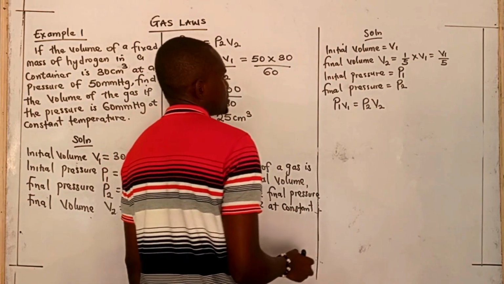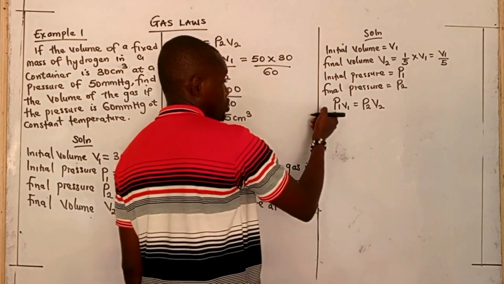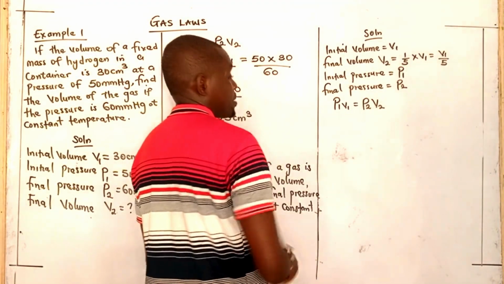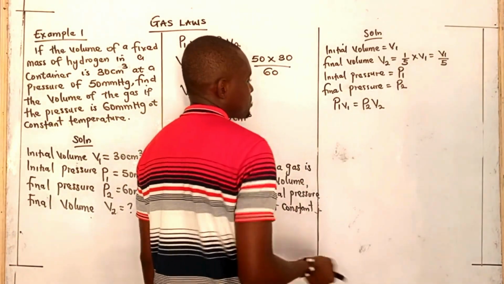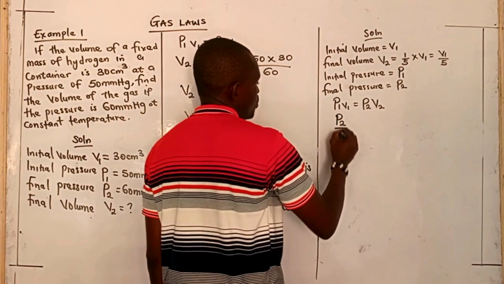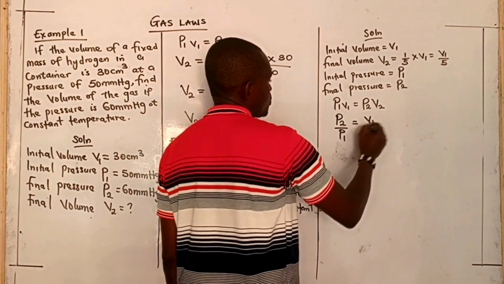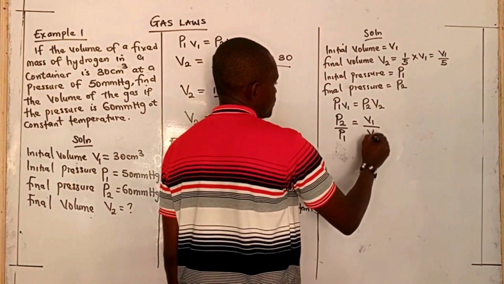Having done this, the question is for us to find the ratio of the final pressure to the initial pressure. So by the time we make that the subject of the formula, we should have P2 over P1 equal to V1 all over V2.